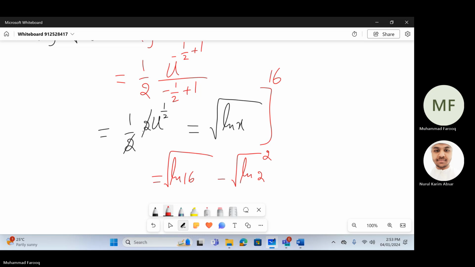The limits are separate, from 2 to 16. So I compute the upper limit minus the lower limit.